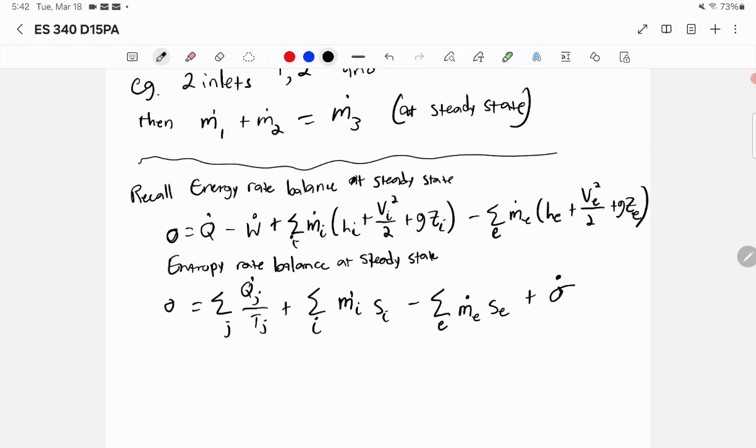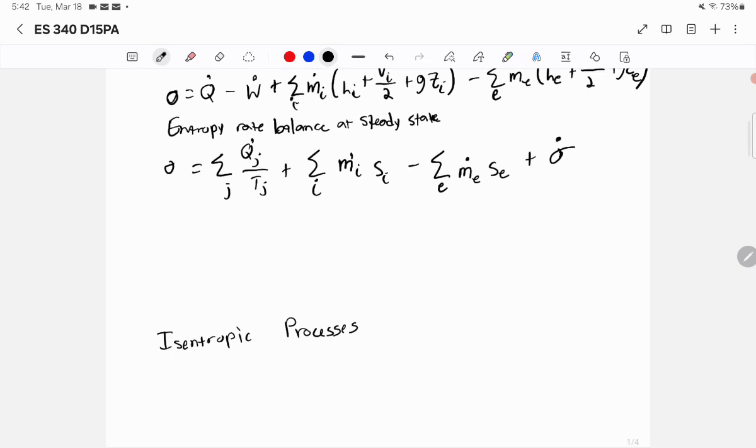Okay, that's my entropy rate balance at steady state. And obviously, we can have it written for single inlet, single exit for the special case.